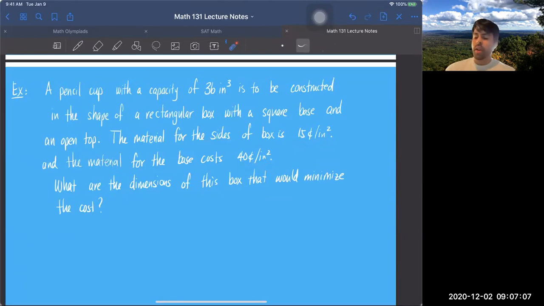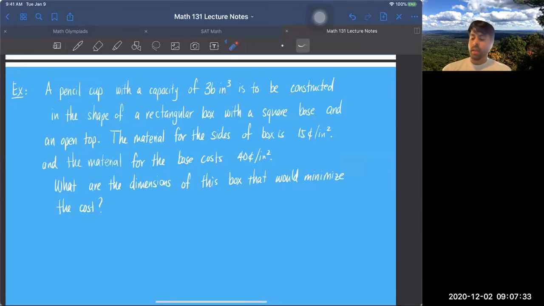You still want your cup to have a capacity of 36 cubic inches for the volume, but you want to minimize the cost as much as possible. So you have to figure out what the dimensions would be. You would be interested in that, so you can minimize the cost.